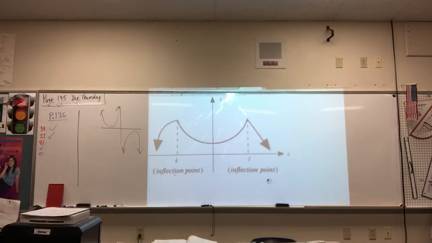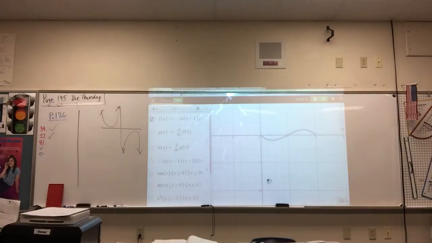Okay, now we're going to have a little fun with Desmos here, and I'm going to show you an observation. I made a whole new thing for you, and so here is a function, this is f of x. Can you identify where it's concave up and concave down?